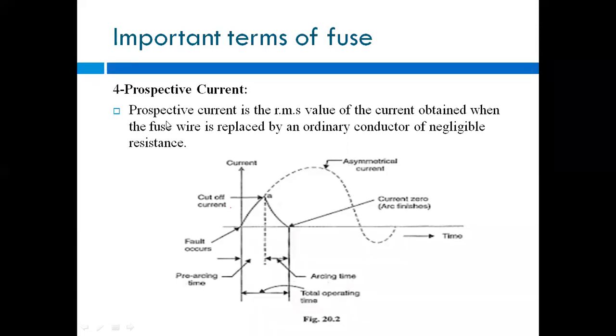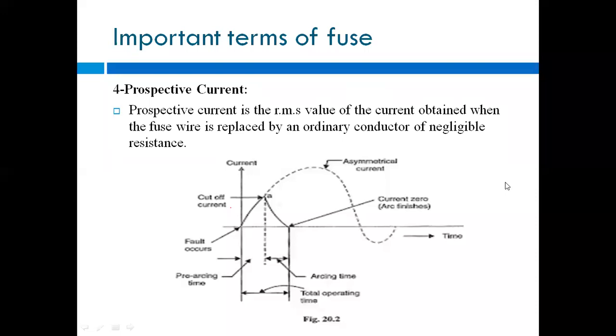So prospective current is the RMS value of current obtained when a fuse wire is replaced by an ordinary conductor of negligible resistance. That is the prospective current.